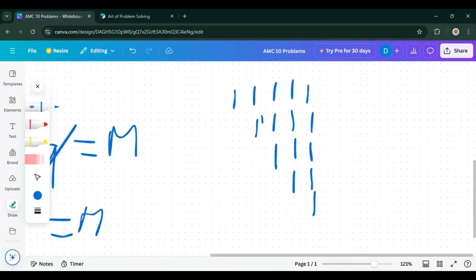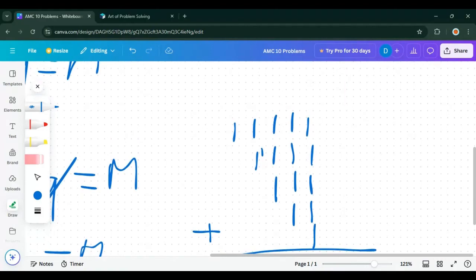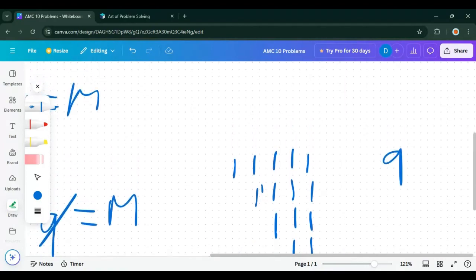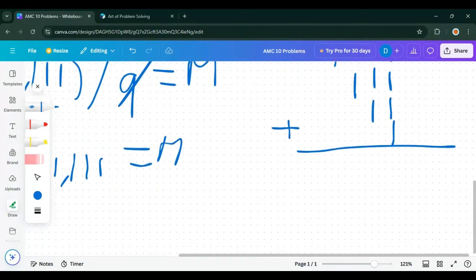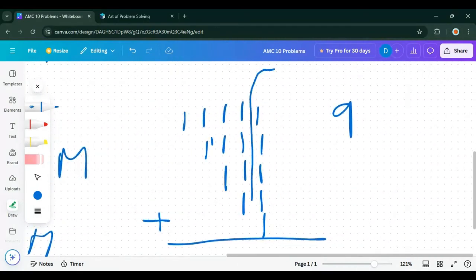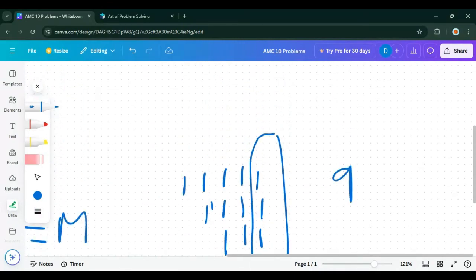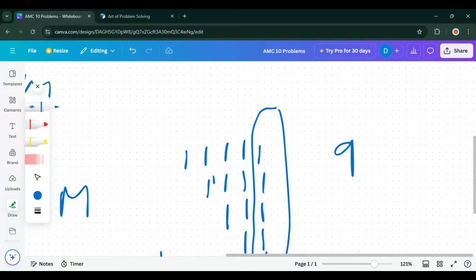And as you see here, if we do an addition tower, we have 9 numbers, all the way until this very large number. And if we add all the unit digits, we'll get 9, because there are 9 numbers, and they all have 1 in the units digit.